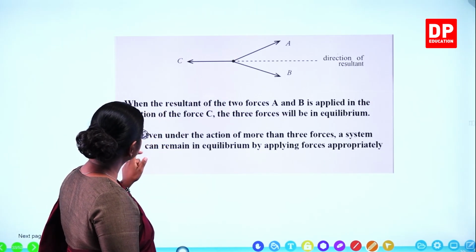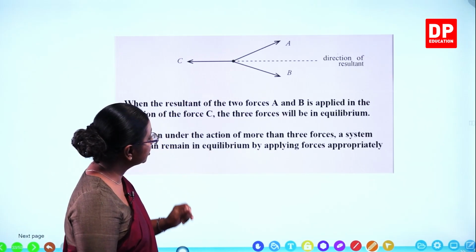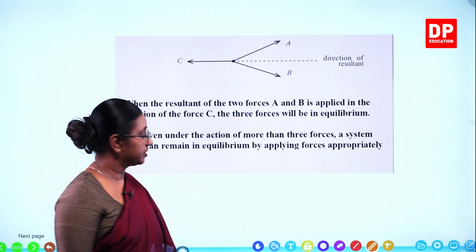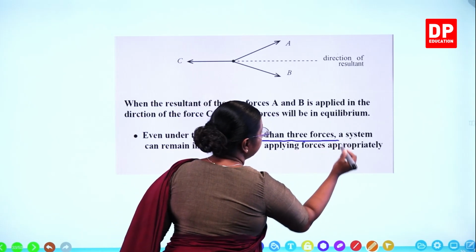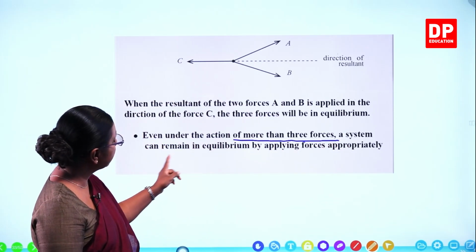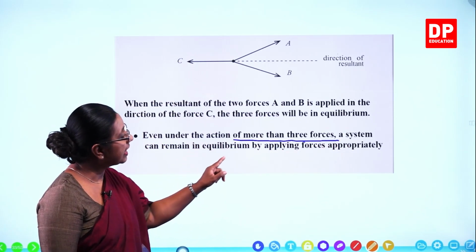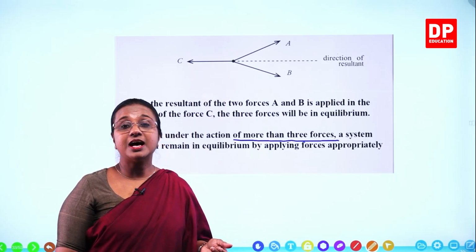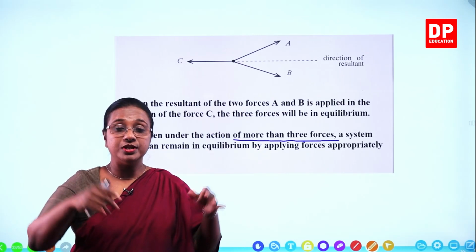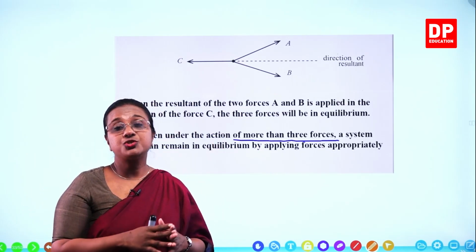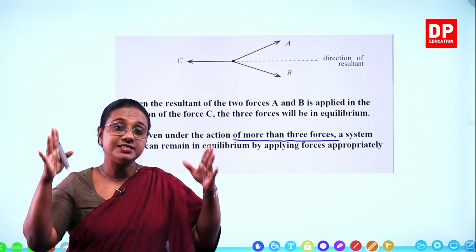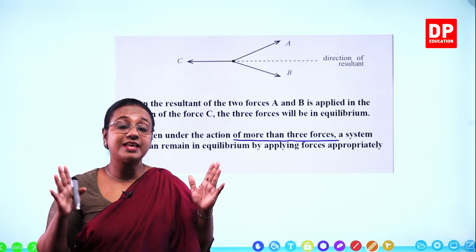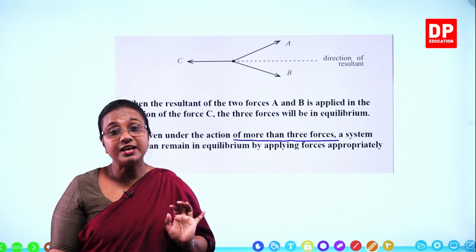Then we have the last one, even under the action of more than three forces. So with more than three forces, a system can remain in equilibrium by applying forces appropriately. We looked at two examples, a plank of wood suspended by 4 strings. So the weight acts downwards and the tension along the 4 strings acts upwards. So there were 5 forces.